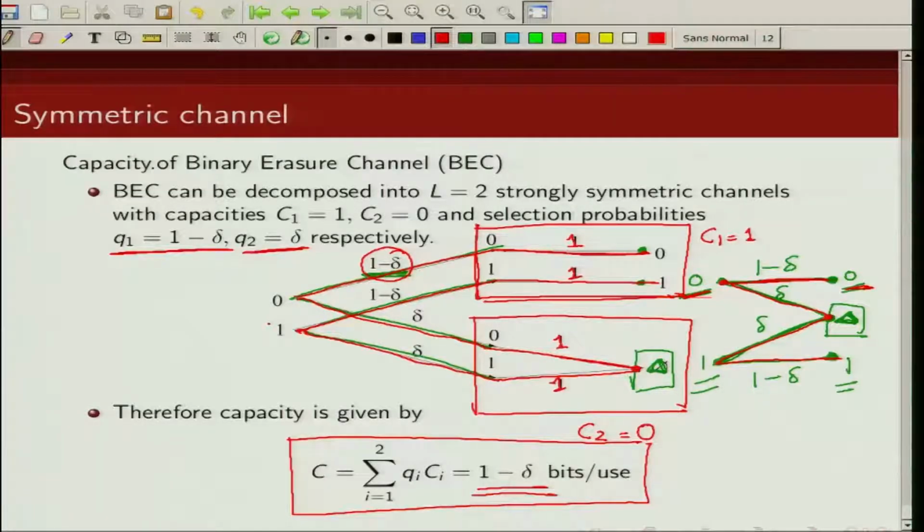Since from the inputs we are able to reach these channels with the same dispersion, we can find the selection probability of these channels, and subsequently we use this expression for the capacity of a symmetric channel in terms of the capacity of strongly symmetric channels and their selection probabilities to get the capacity of the binary erasure channel, which is 1 minus delta. So, if delta is 1, capacity is 0. If delta is 0, we can see that capacity will be 1.